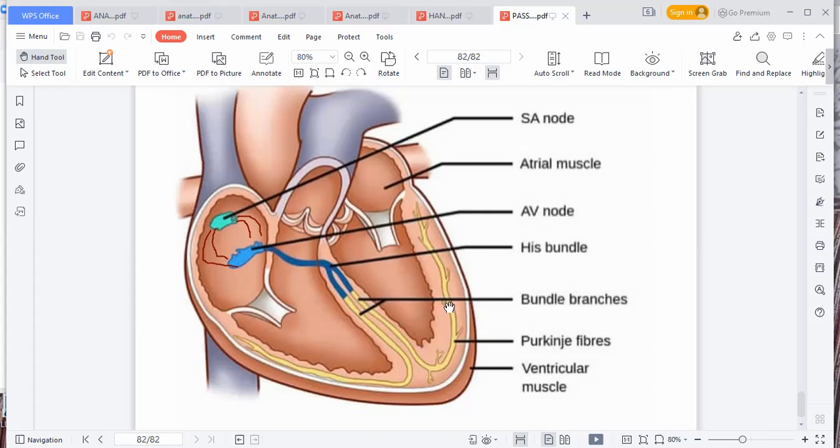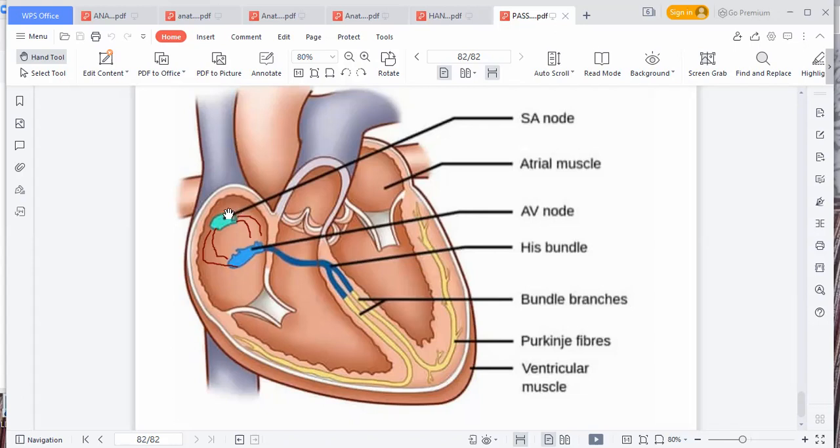The left side is thicker because it pumps blood at high pressure. That's why more Purkinje fibers are going there, so that they take more action potentials, so that there's more contraction on the left side of the heart.